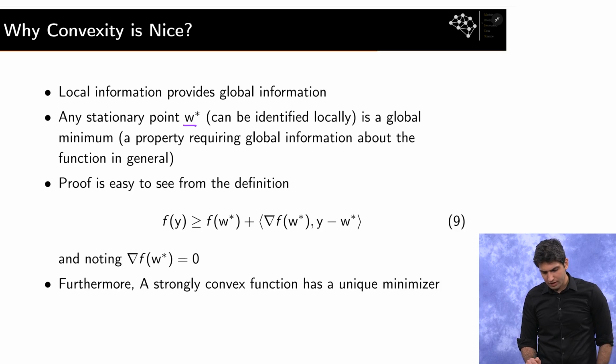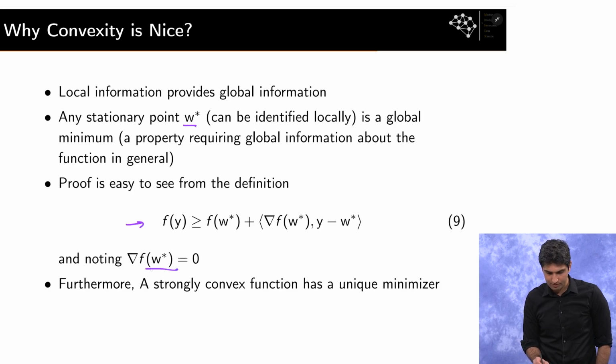And the proof is actually very, very simple to see. For instance, let's consider the first order definition of a convex function, okay? Now, this applies for any y and w star. I assume that w star is a solution which is a first order solution, meaning that the gradient is 0.